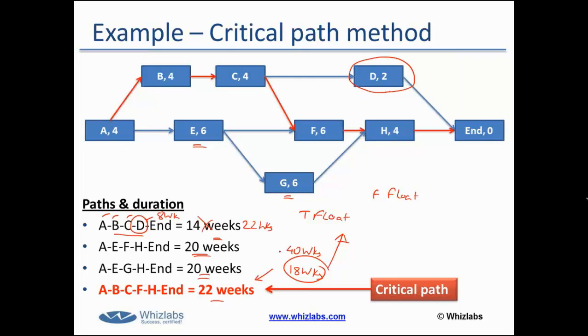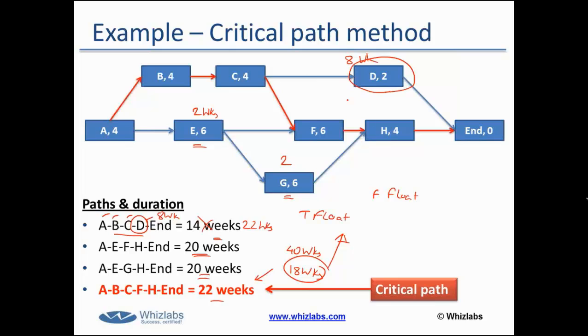But overall, there is no impact on the project schedule. So that indicates that I have a free float of 2 weeks on activities E and G, and a free float of 8 weeks on activity D. This is the concept of float, which indicates the schedule flexibility.